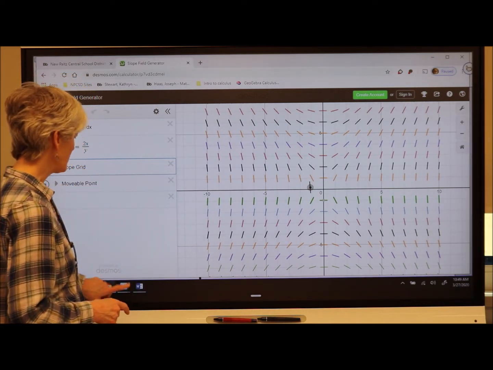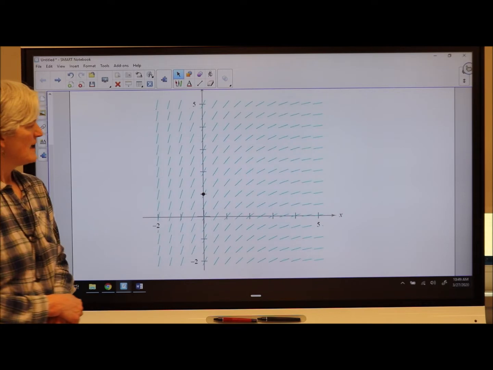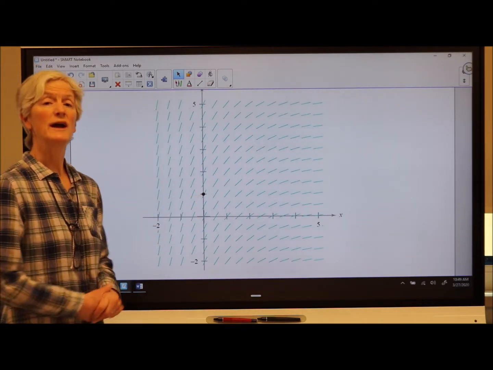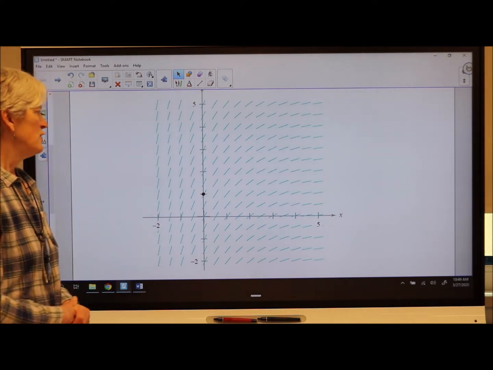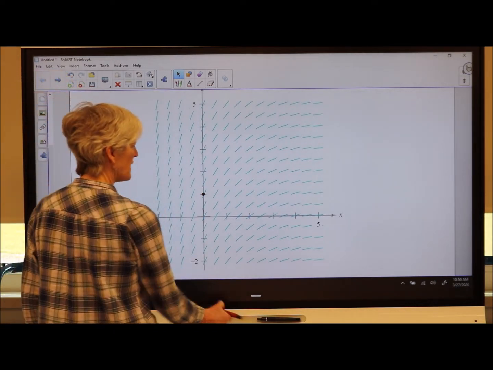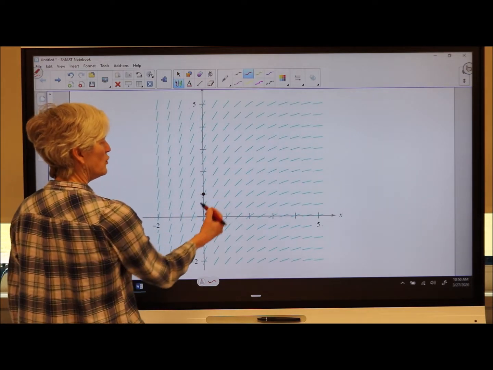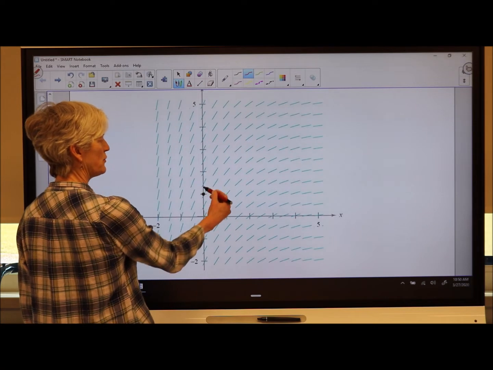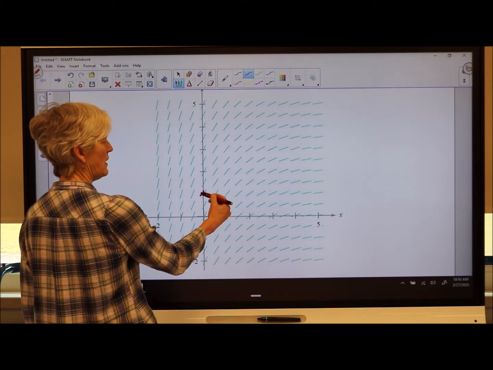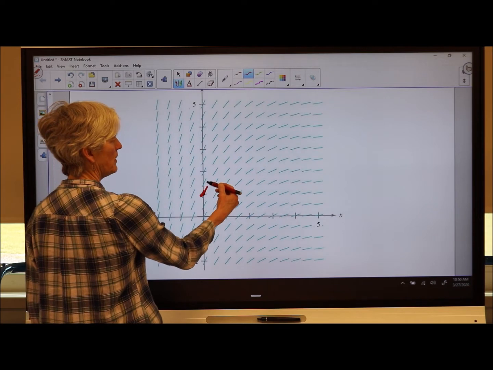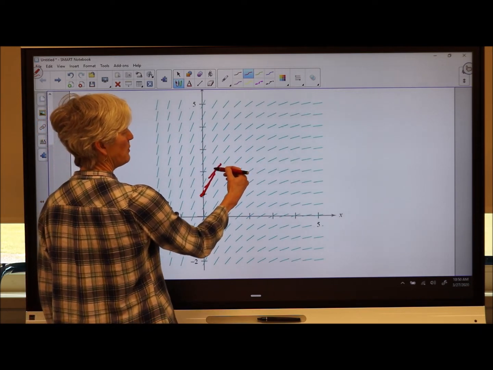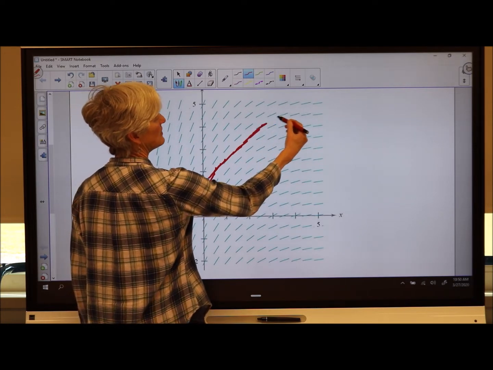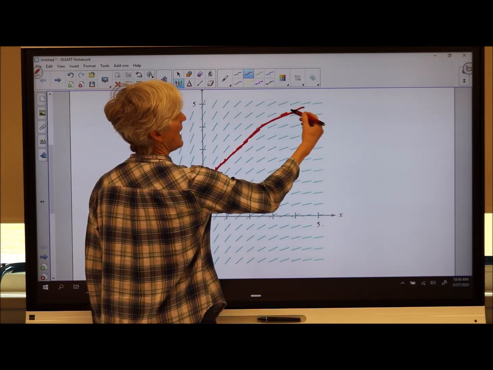Let's look at a couple examples. Here's a slope field, and I gave you a point to go through. So what I'm going to do is imagine sketching a function that I think would follow all these slopes and go through this point. So for example, I'm going to follow that slope, following that slope, and it looks like I'm getting less and less steep as I go.